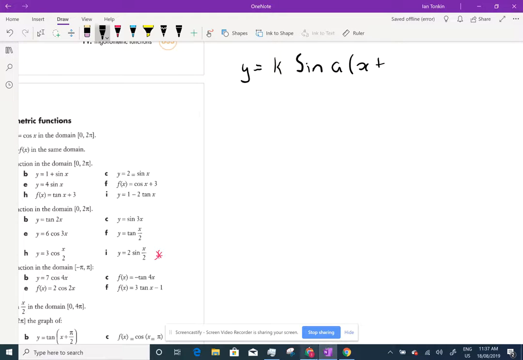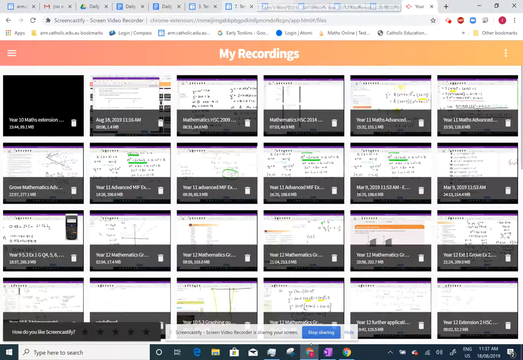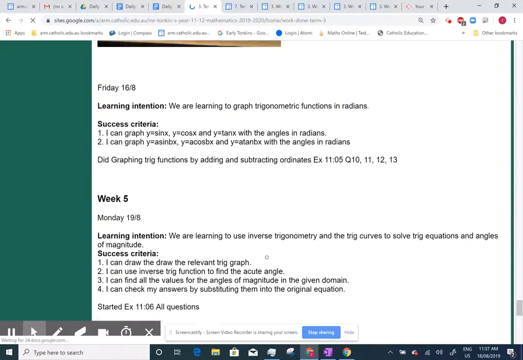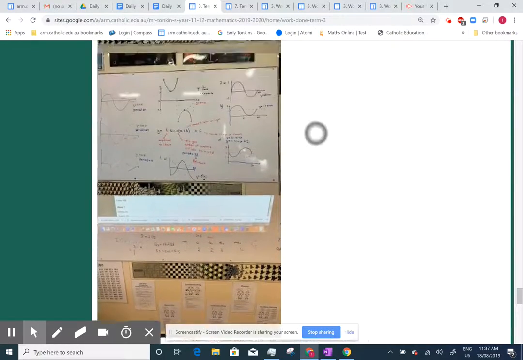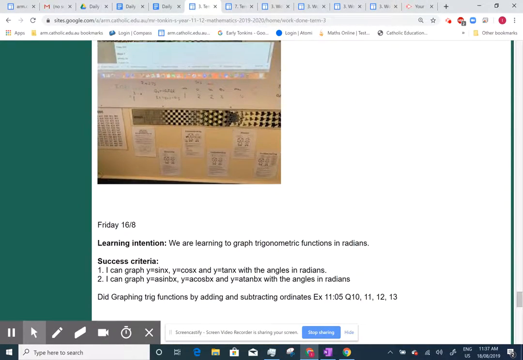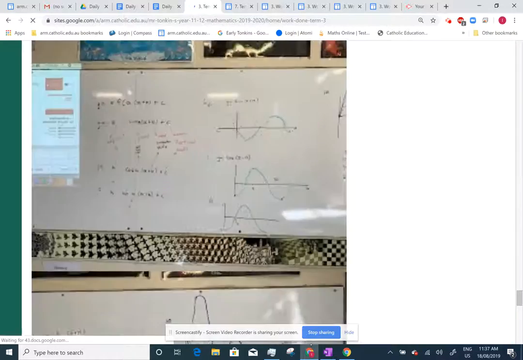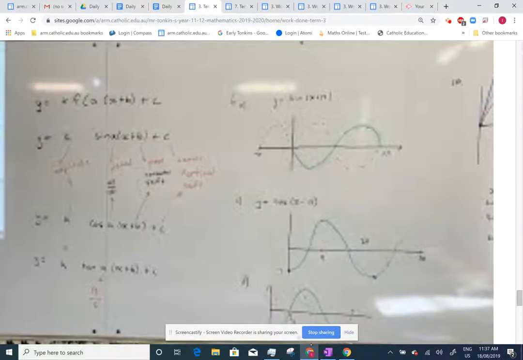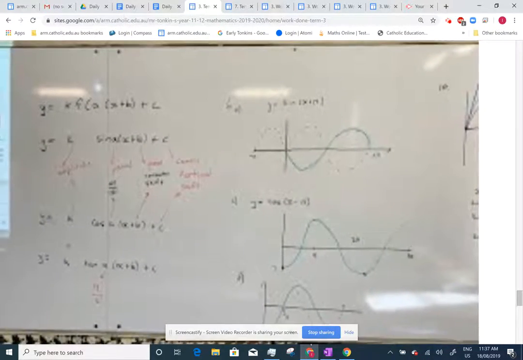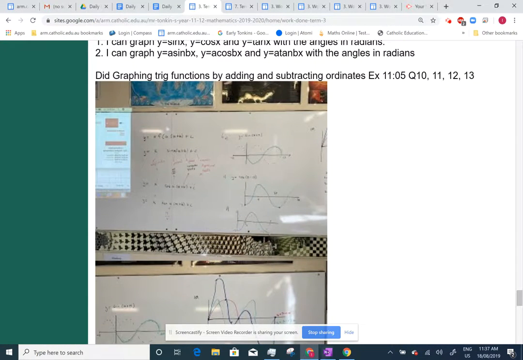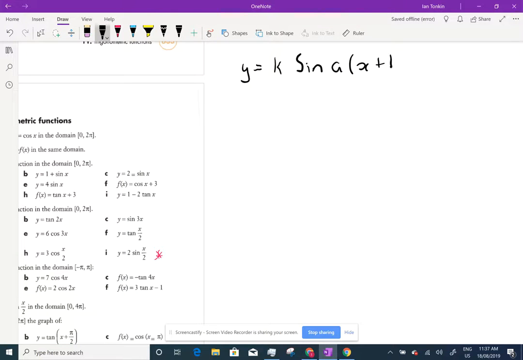Let's go back and check on the website. You can see here it's B, and there's A, then B, then C. So it's y = k sin(ax + b) + c.